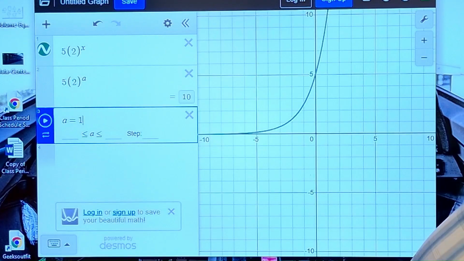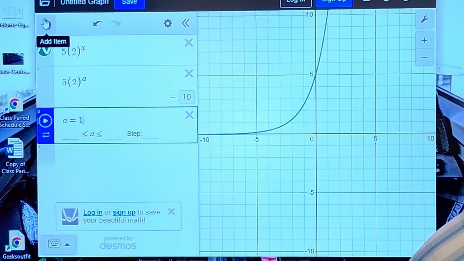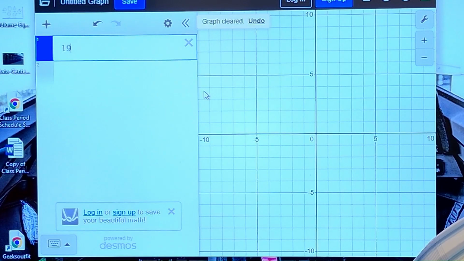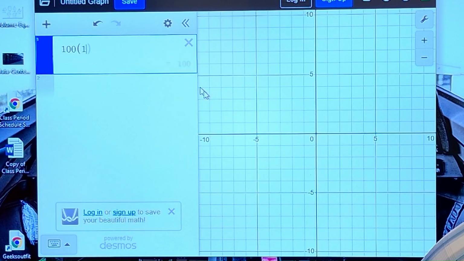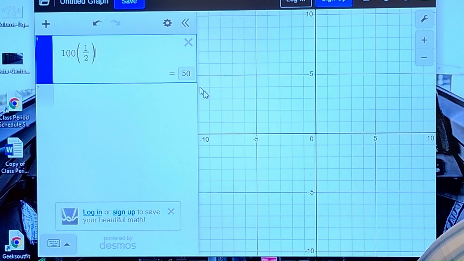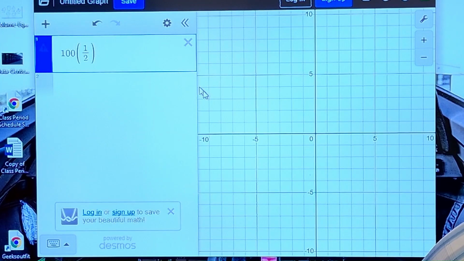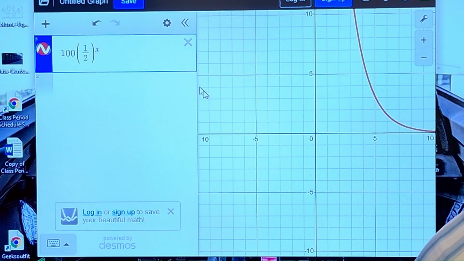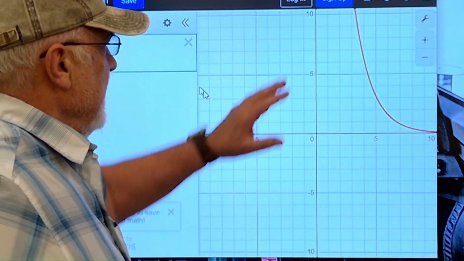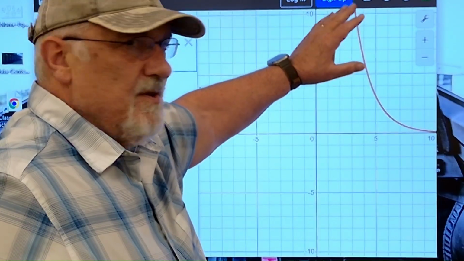100 times 1/2 to the x. So I can get rid of these and have 100. And it is being cut in half every day, or every interval, whatever the interval is. And if I put my exponent up here as x, well, you can see that the red line starts at 100 way up here, and it goes down.